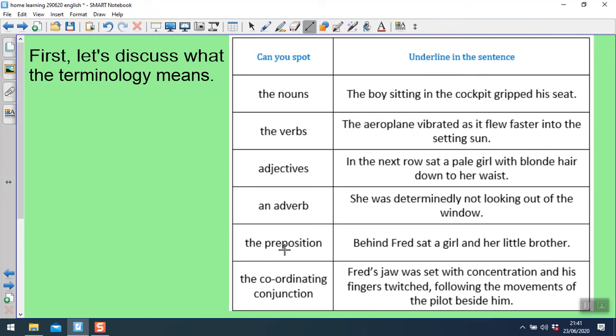Preposition. The key letters in here are position. It tells you where in relation to something else the actual word is. And a coordinating conjunction, think of fanboys.